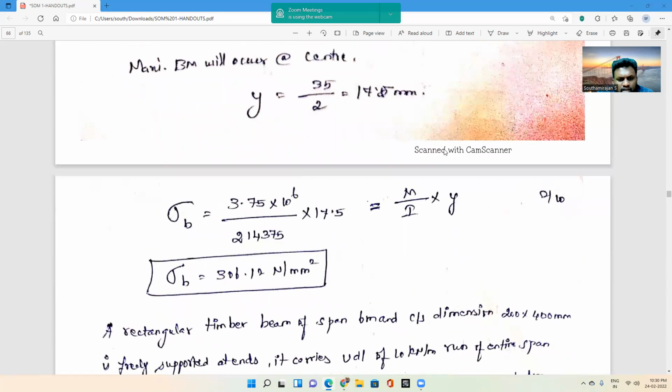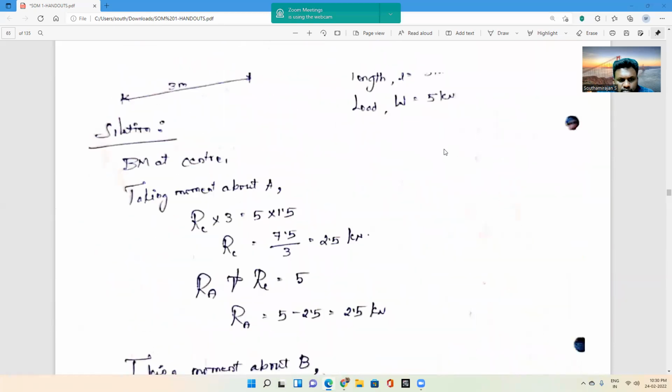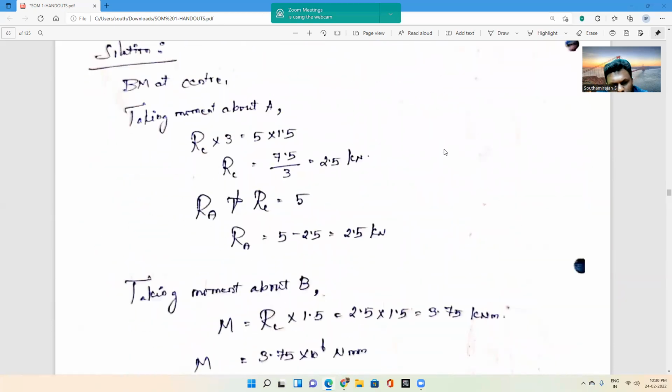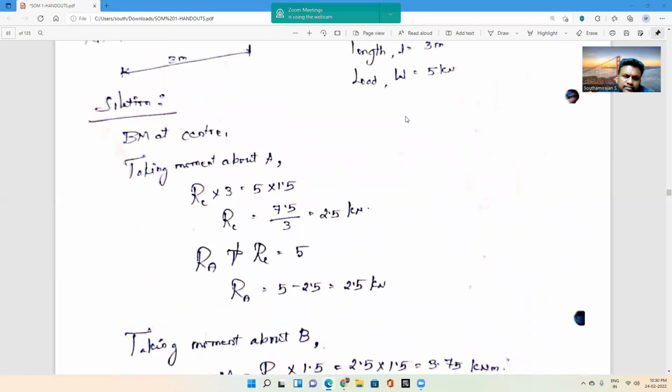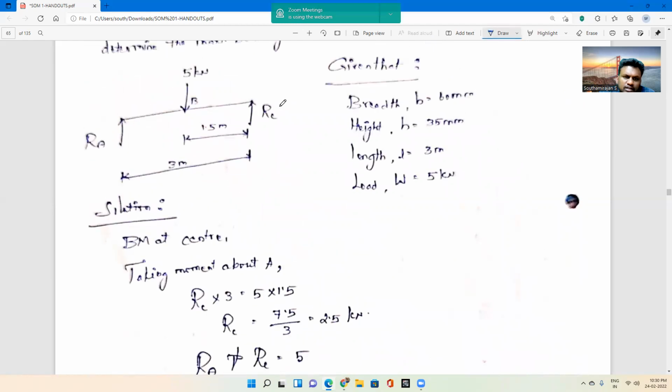First we calculate the moment value. In order to calculate the moment value, we need to calculate the reactions. For that, we take moments about point A. RC acts in this direction to reach point A, so RC into 3, and the 5 kilonewton load travels to reach point A, so 5 into 1.5.